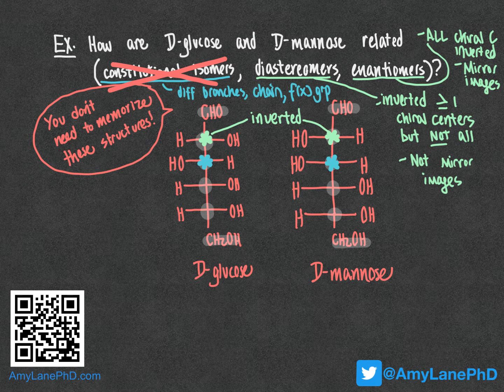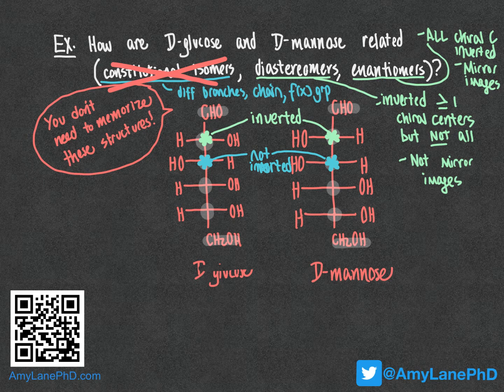So I'm going to go ahead and label this as not inverted. In other words, the RS configuration is the same at that particular position between D-glucose and D-mannose.